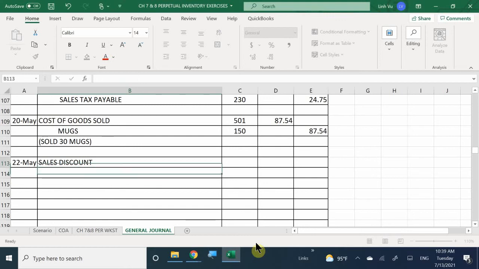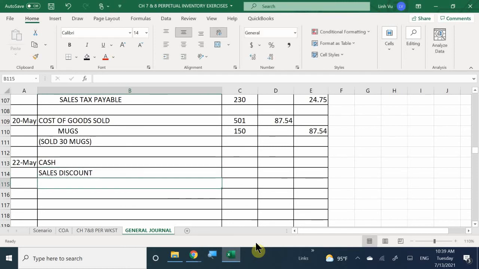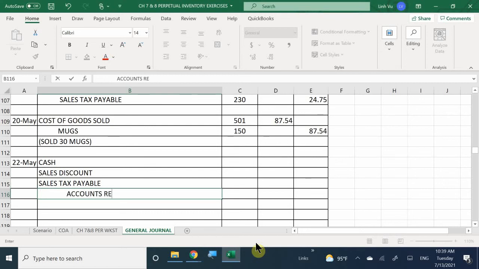We received cash. We have a sales discount. We had to give back a portion of his tax. And last but not least, he's paying off what he owes, which is accounts receivable. So this is where we got to work a little backwards.